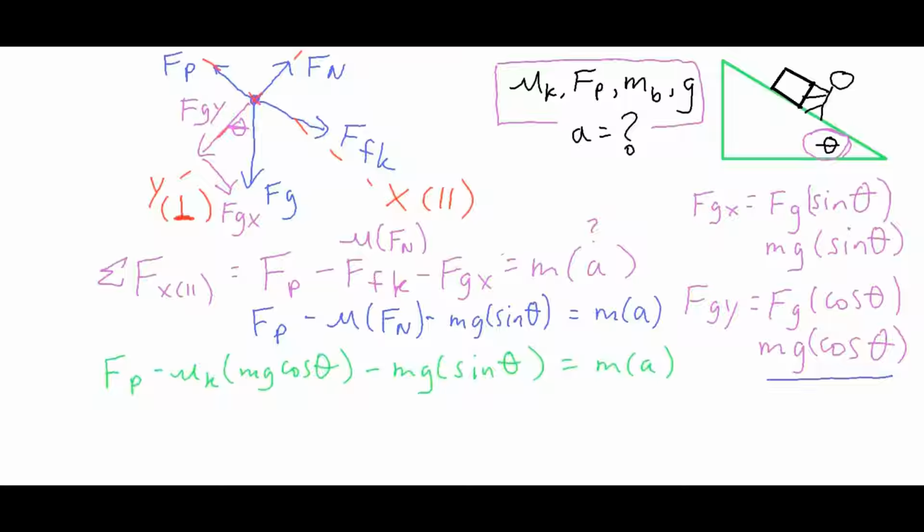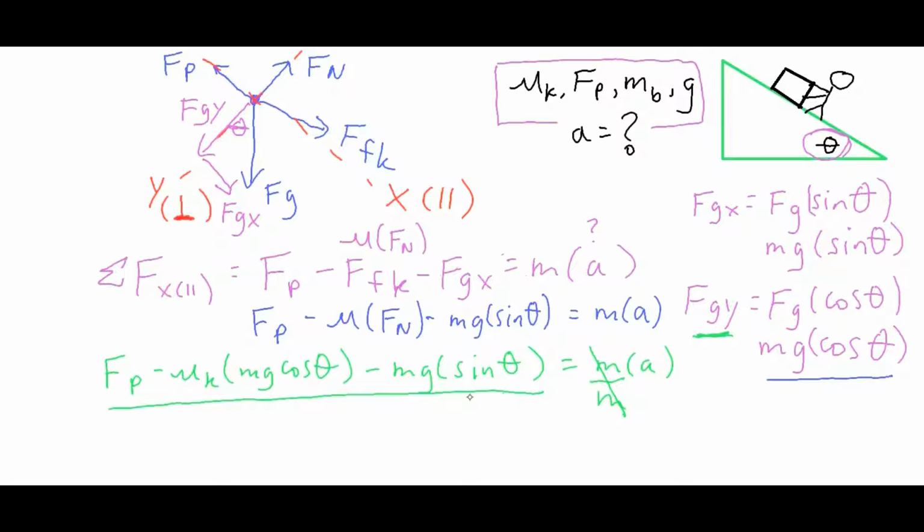All right, now in green, I made all my substitutions. I got the FP here, the mu sub k with my mg cosine theta that we just talked about, which is my Fn that was equivalent to my Fgy. And then I have my Fgx as mg sine theta. So to solve for A, all I have to do is divide both sides by m.